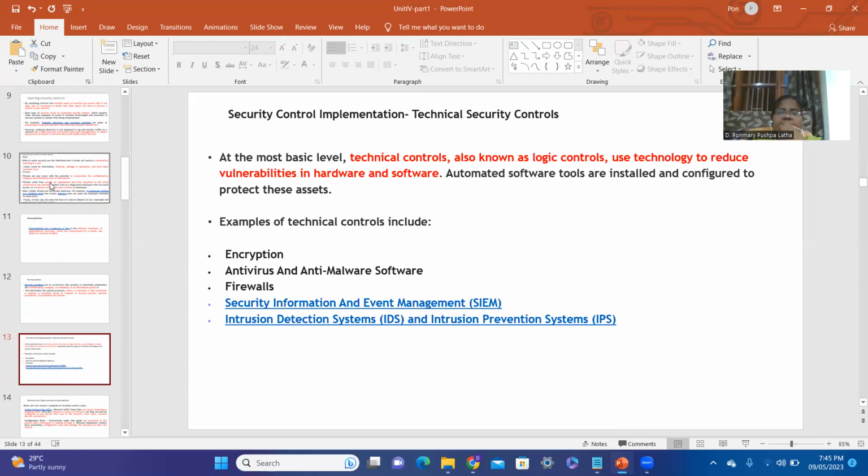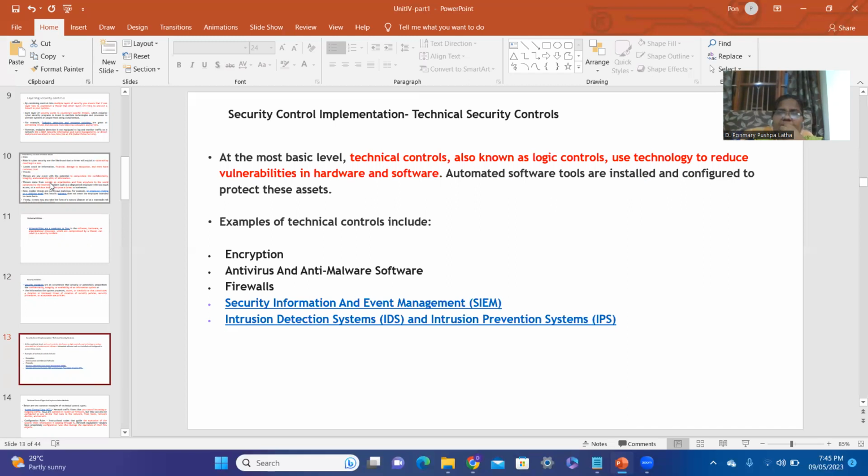In security control implementation, we have to talk about technical security controls, administrative security controls, etc. In technical security controls, an example is encryption. What is encryption?